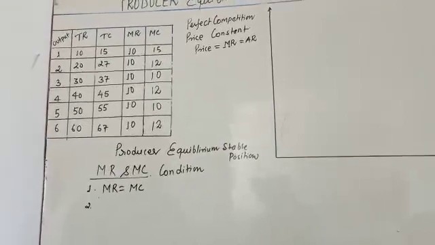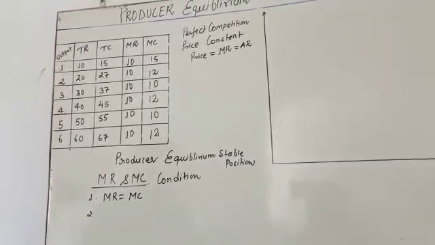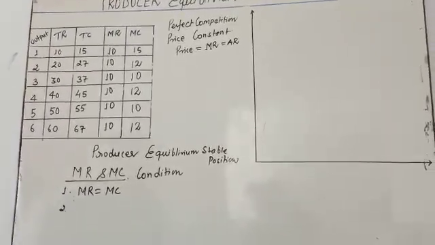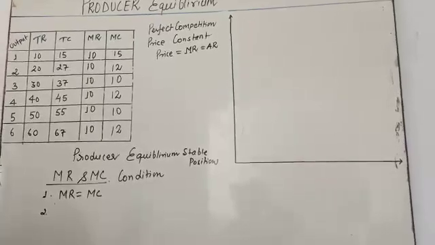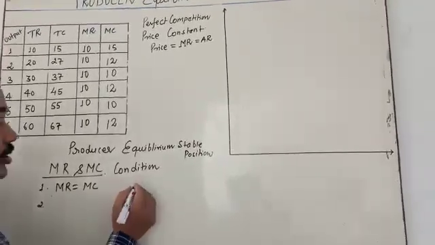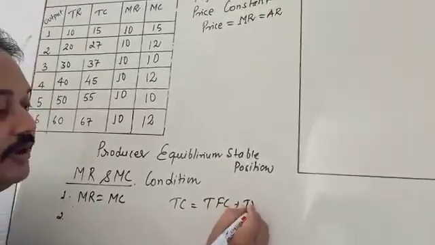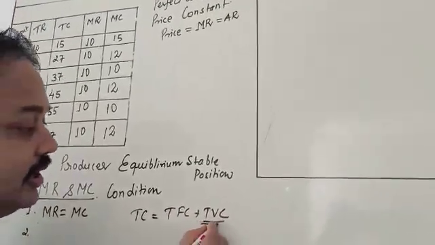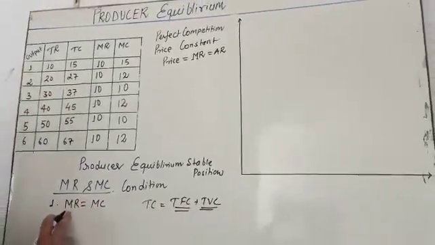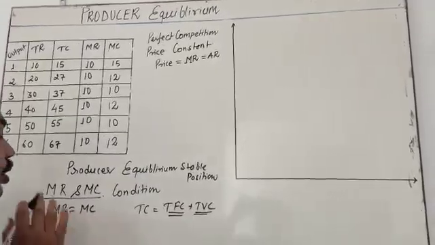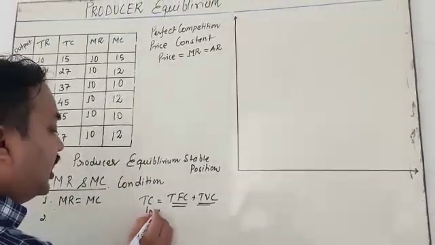Marginal revenue means your profit, whatever your selling price revenue is, equal to the marginal cost. Keep remembering, marginal cost is also calculated on the total cost, and the total cost is equal to total fixed cost plus total variable cost. So marginal cost is going to be calculated from the total cost.